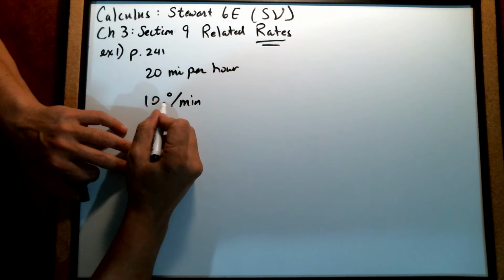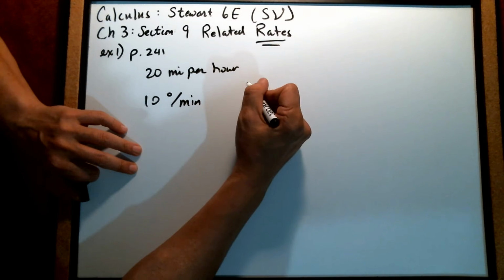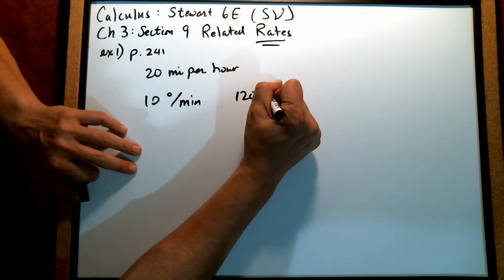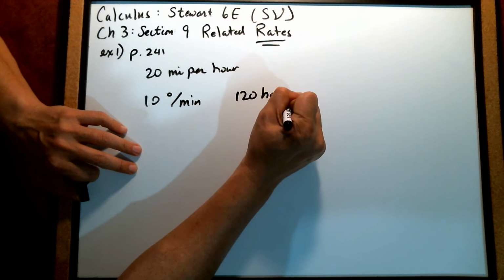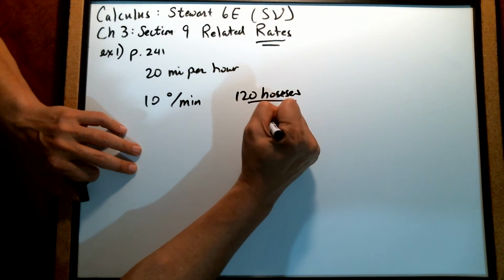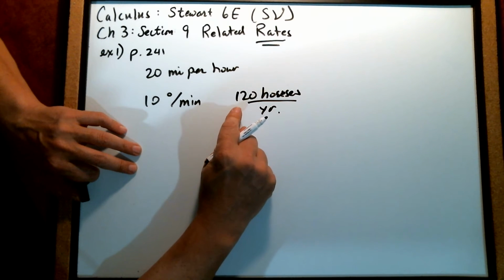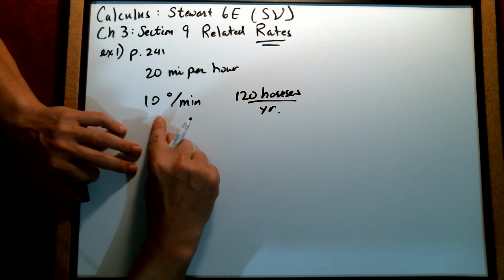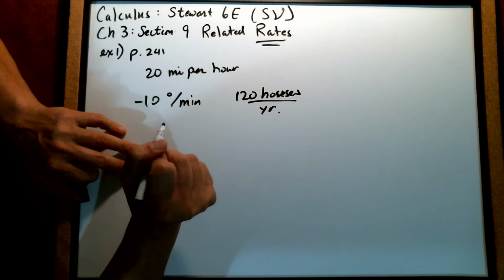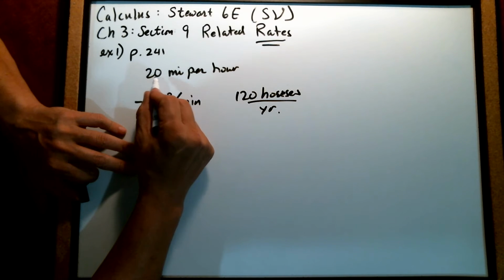It's going up positive 10 degrees per minute. Or if you're a house builder, you're going to build, let's say, 120 houses per year. It goes up 10 degrees per minute, or you can go down 10 degrees per minute, or you can go 20 miles per hour.